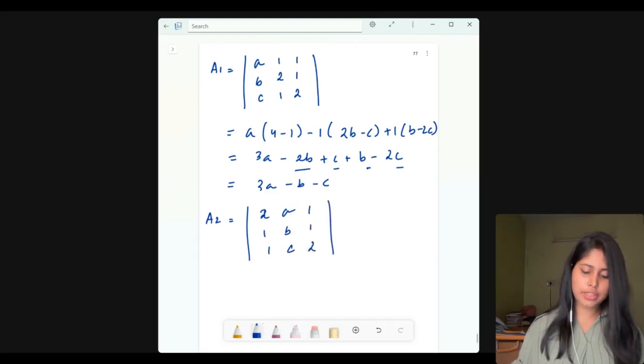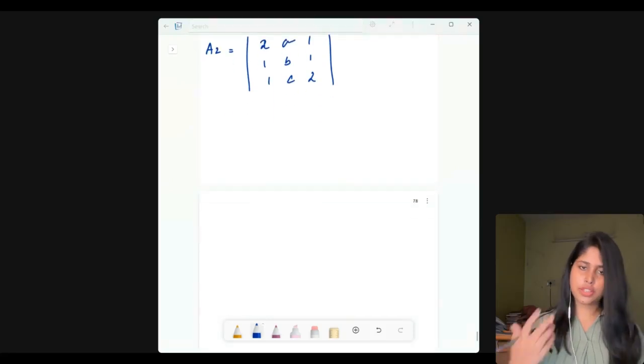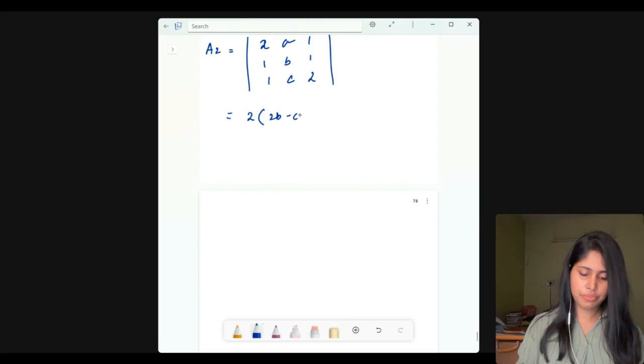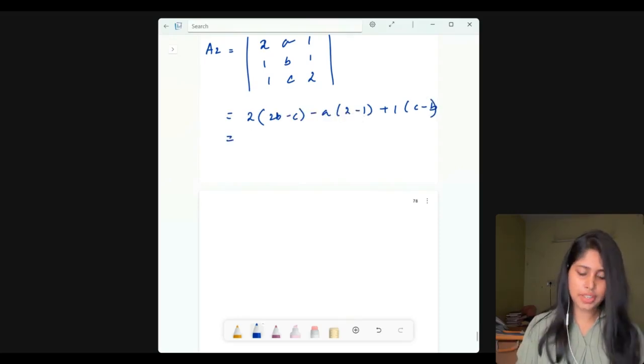Then how will you find the determinant? Just like that: 2 into 2b minus c, minus a into 2 minus 1, plus 1 into c minus b. Further calculated, it will be 4b minus 2c minus a plus c minus b.